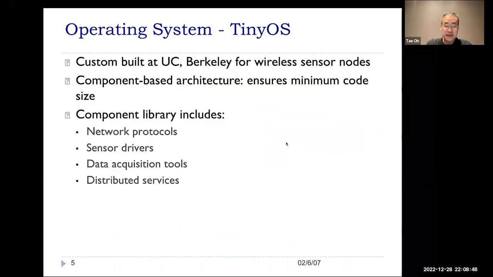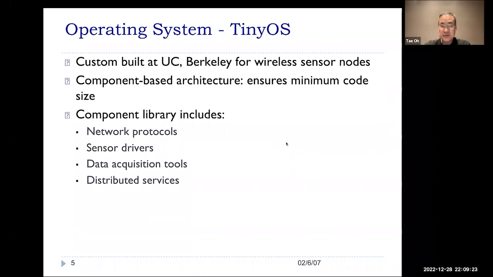One of the first operating systems for sensor nodes is TinyOS. It was custom built at UC Berkeley for wireless sensor nodes. I want you to remember that you cannot use a Windows or Mac operating system. It's too heavy. It requires a large amount of RAM and processing power, even Android and iOS. So they had to come out with a very simple operating system, and they came out with TinyOS.